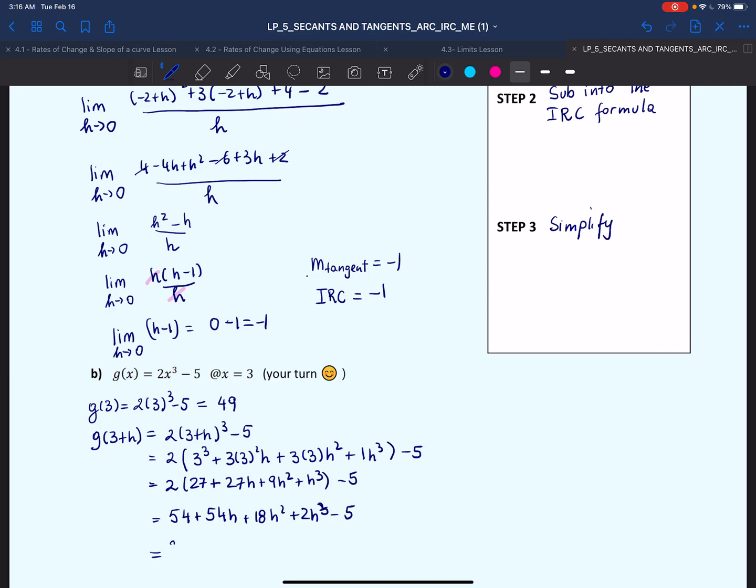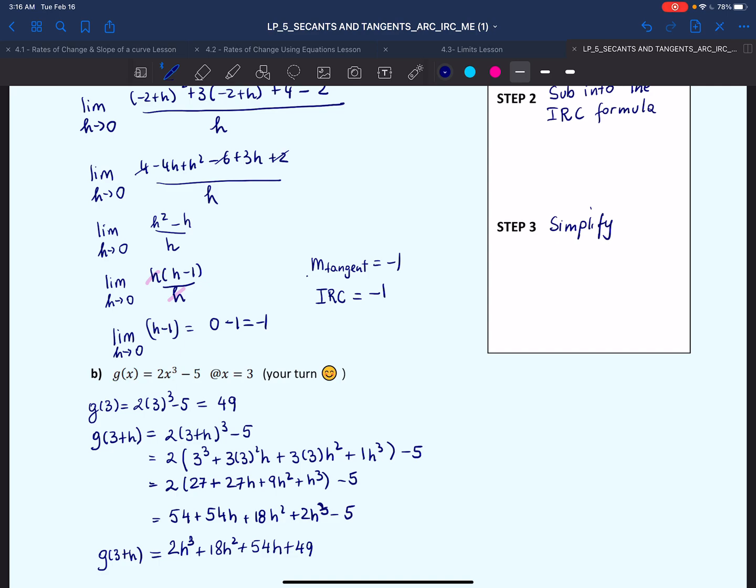So 2h cubed plus 18h squared plus 54h plus 49. So this would be g of 3 plus h.